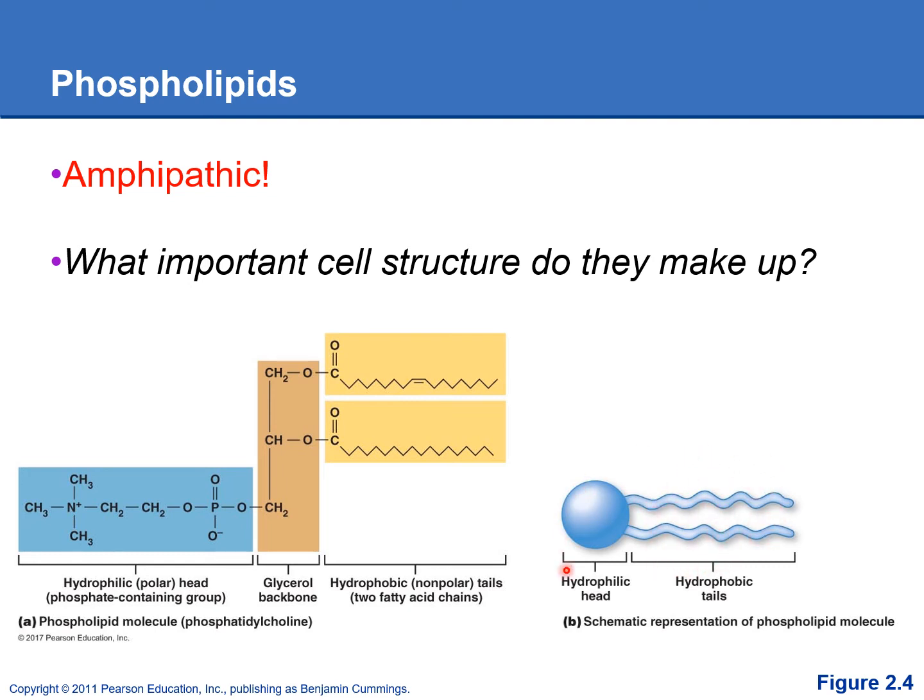So that's why they're amphipathic. And remember that the phospholipids are really important because they make up the cell membrane or the plasma membrane.